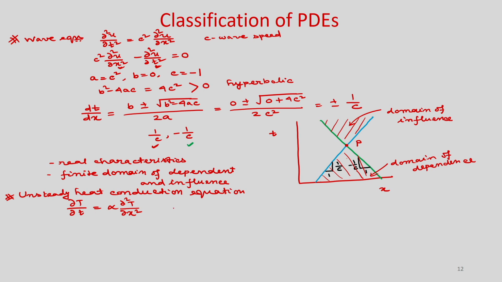So, A is equal to alpha and B and C are 0. So, what will be your dt by dx? If you put it, it will be 0. So, you have a single characteristic and its value is 0.